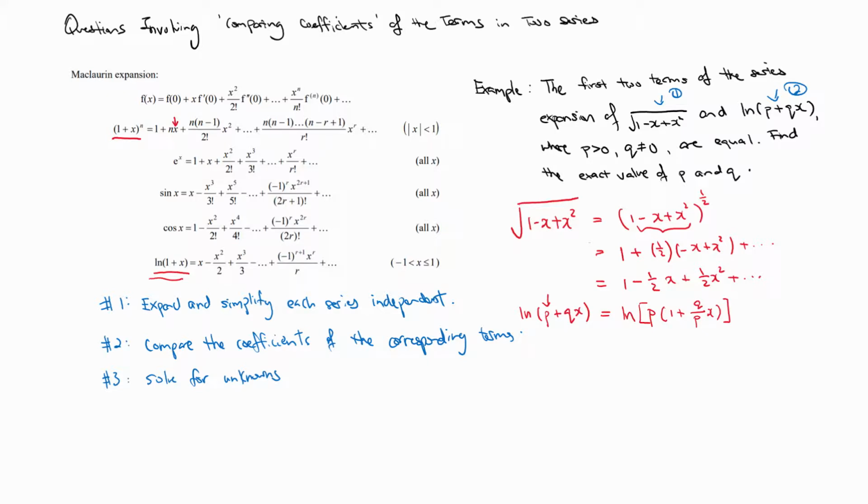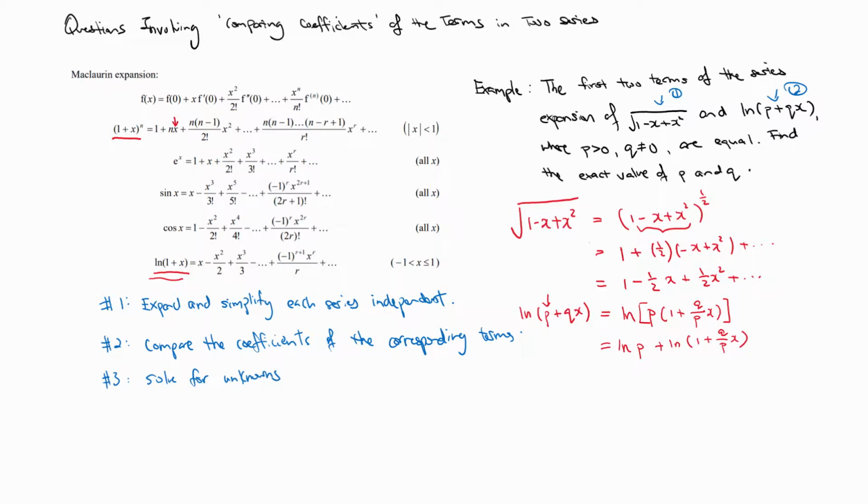If you multiply the p back in, it will give you back p plus qx. Now when we do that, we can apply the product law of logarithms so that we can split this into two terms. So we have ln p plus ln bracket 1 plus q over p x, close bracket.